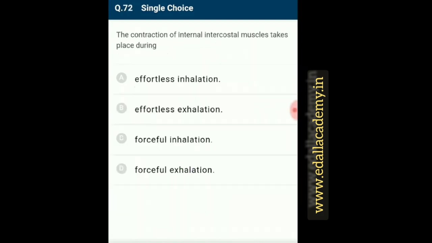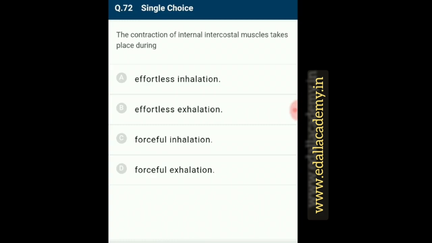Question number 72. The contraction of the internal intercostal muscle takes place during. The muscles of respiration are attached to the rib cage. There are principal and accessory muscles which work to expand and contract the rib cage in order to inhale and exhale. Generally, the process of inspiration is active and expiration is passive in nature.